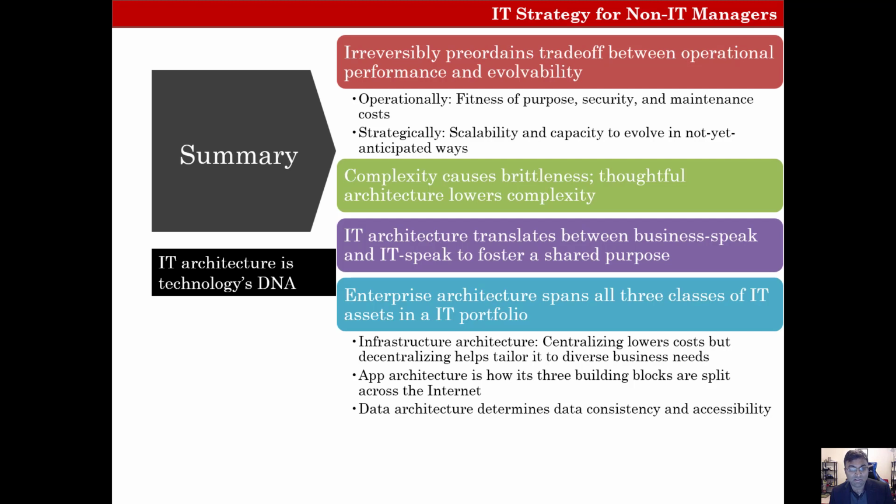That's the infrastructure architecture, where centralizing lowers cost, but decentralizing might help tailor it for diverse business needs. The application architecture, which is how the three building blocks are split across the internet. And finally, the data architecture that determines data consistency and accessibility.